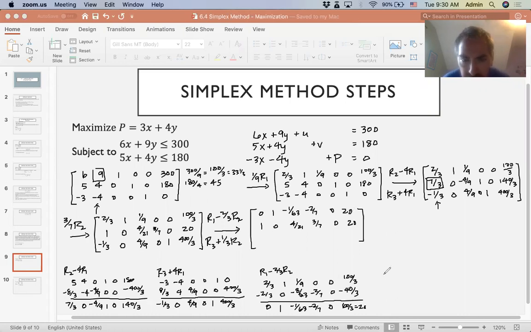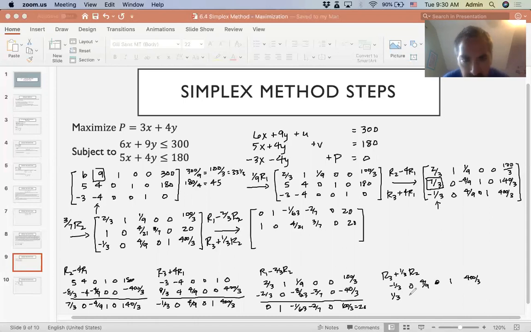And then finally here, R3 plus 1/3 times row 2. Okay, 1/3 times row 2.